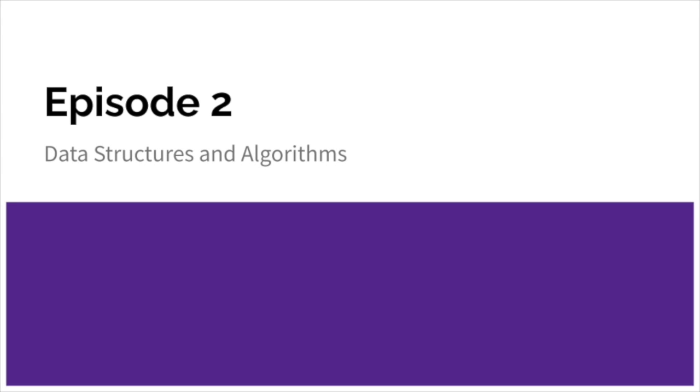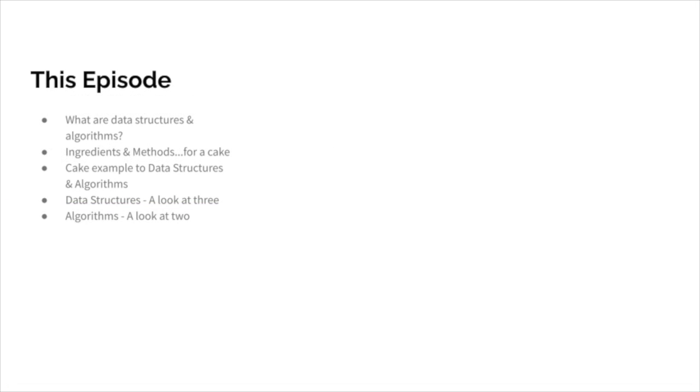Alrighty, hello. Let's talk about data structures and algorithms. In this episode, I'll take you through what data structures and algorithms are. Then we'll think about applying them to a cake, right? Because I love baking, I love cooking, and I love technology. So let's merge them in this example.